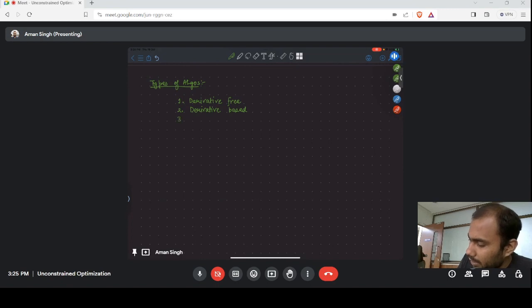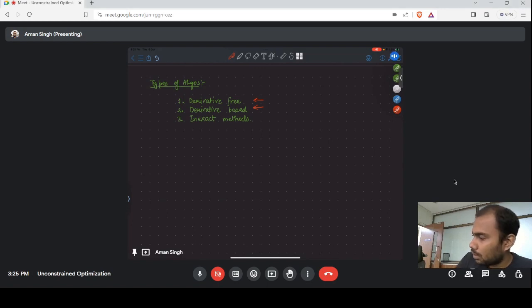There are also inexact methods, which we will not do today. We'll only focus our attention on these two types of algorithms, derivative free and derivative based.